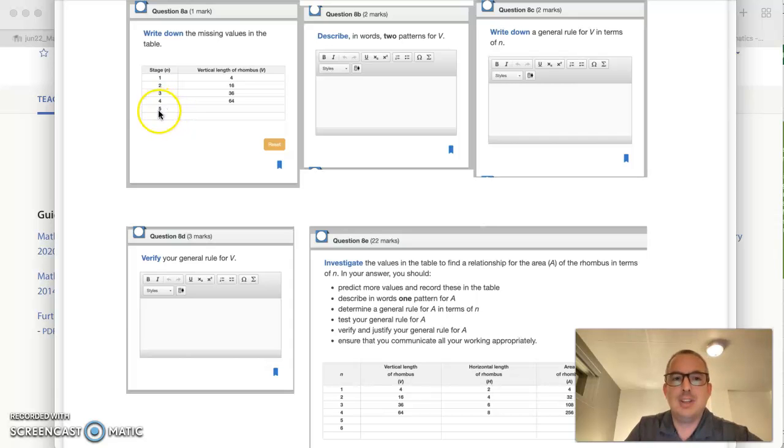I've seen once where stages 5 and 6 would be considered testing, but in other exams it would be considered verifying. Of course, if I would use stage 7 and make a prediction, and then by doing the +8 each time, then +44 and then +52, I would have a number, and then I could use a rule and verify: if I use the rule, do I come up with the same number?